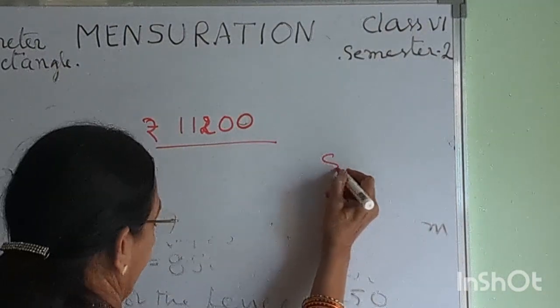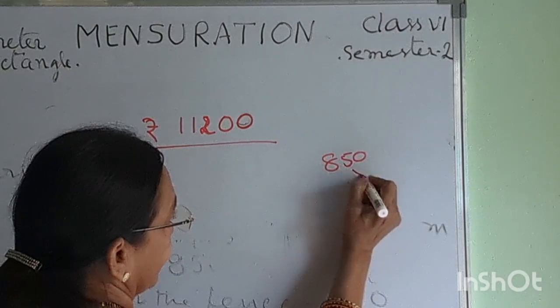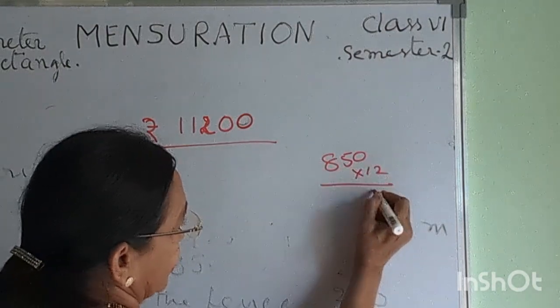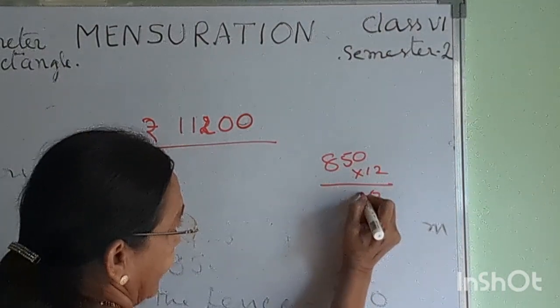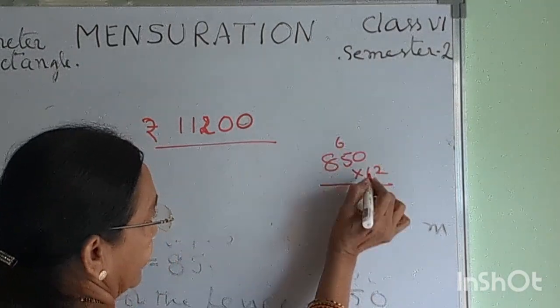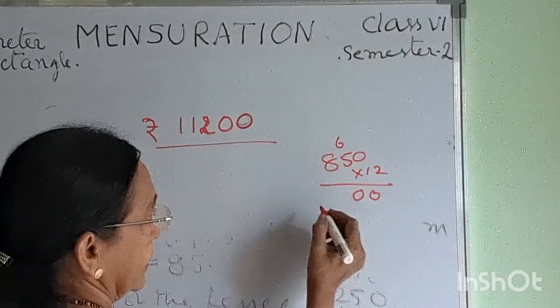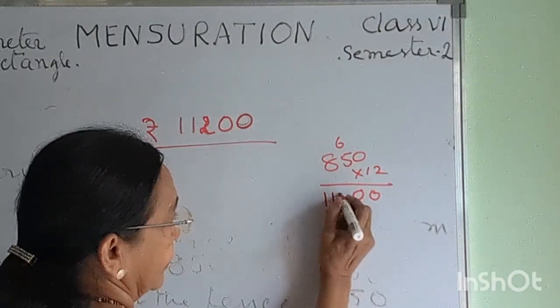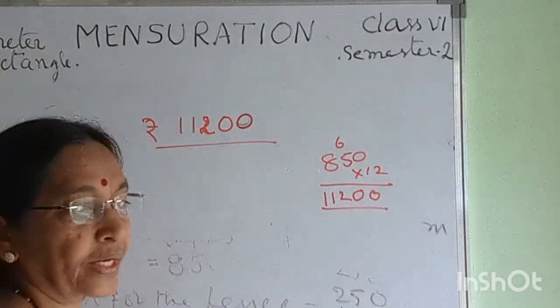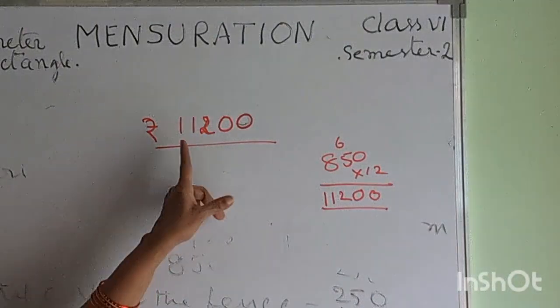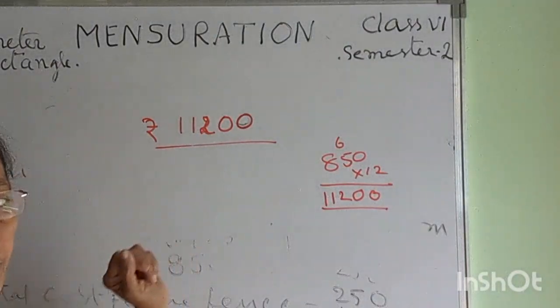Again we will multiply 850 into 12: 12 zeros 0, 12 fives 60, 12 eights 96, 96 plus 6 is 102. So the cost of fencing is equal to 10,200 rupees.